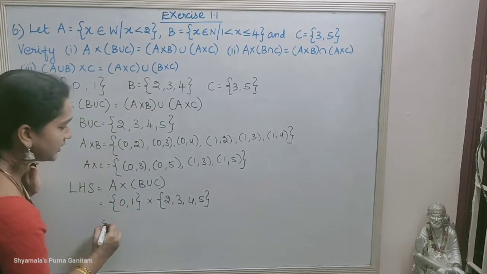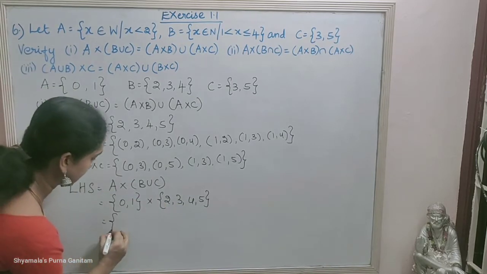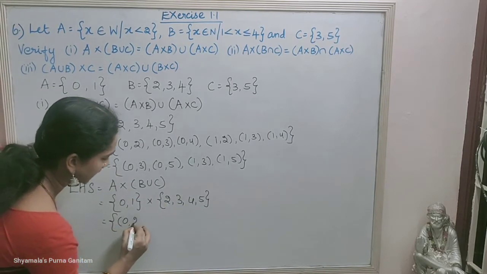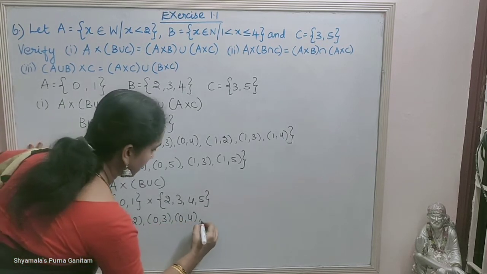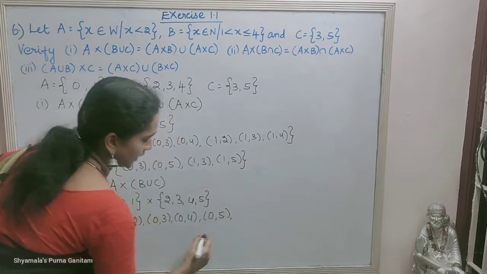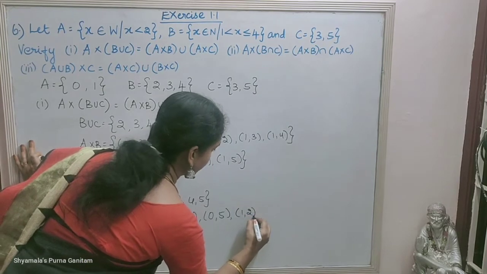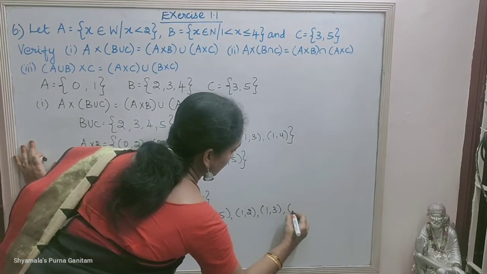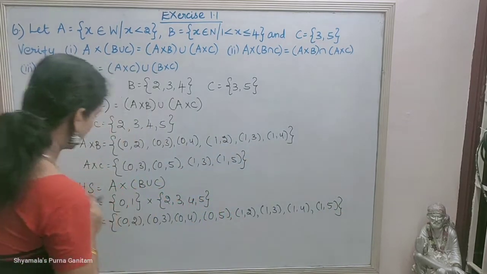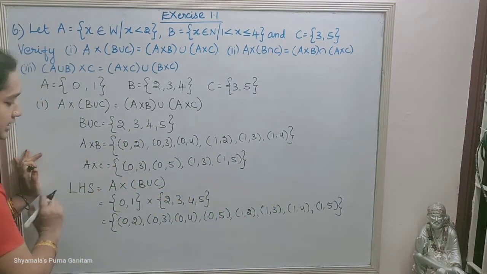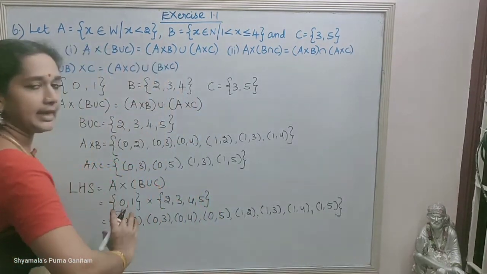Now we find the Cartesian product of these two sets: (0, 2), (0, 3), (0, 4) and (0, 5), everything related with 0. Then with 1: (1, 2), (1, 3), (1, 4) and (1, 5). This is our LHS value, and we got 8 ordered pairs.